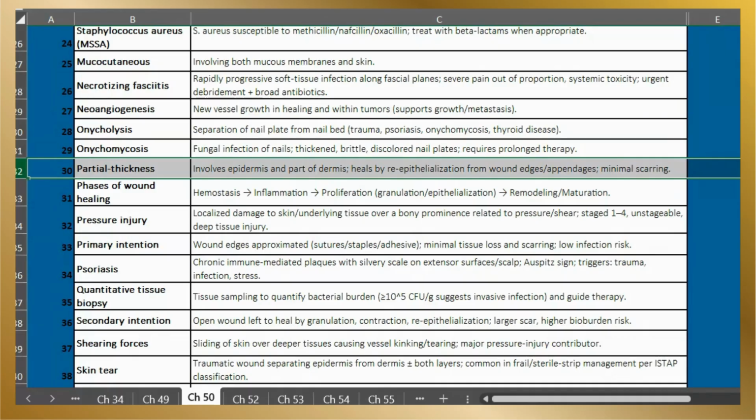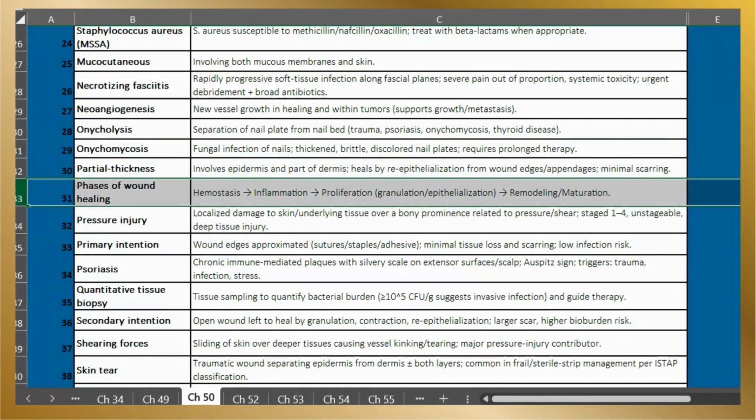Partial thickness involves epidermis and part of dermis, heals by reepithelialization from wound edges, appendages, minimal scarring. So partial dermis only. Phases of wound healing.